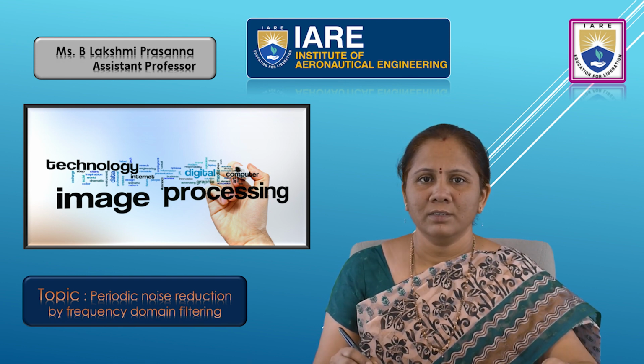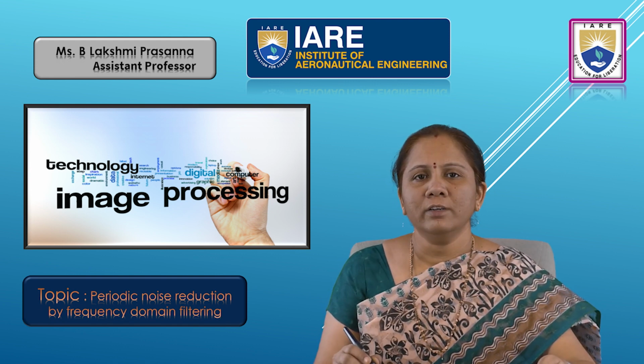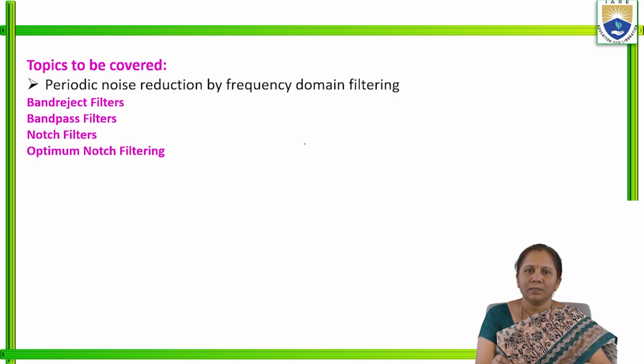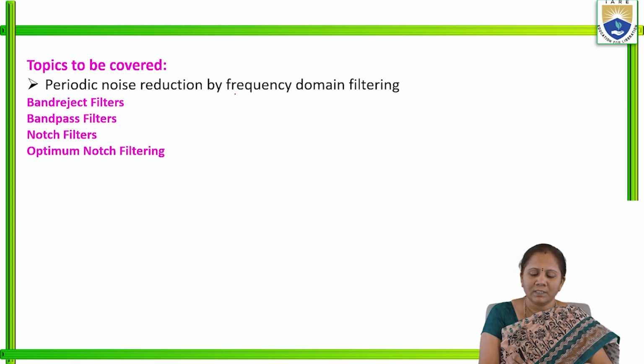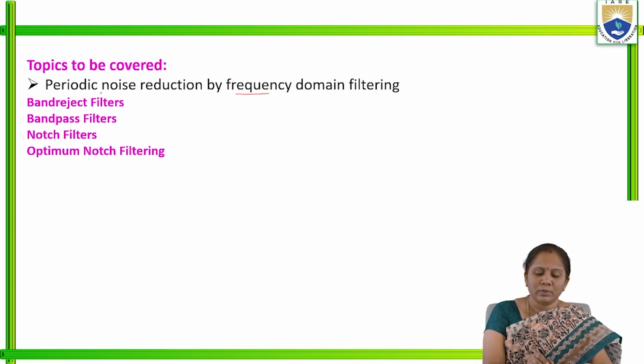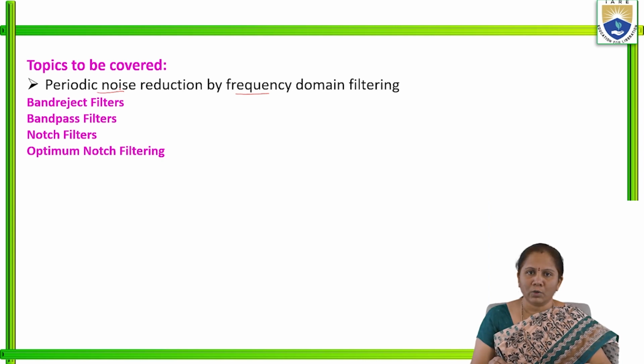In this session, we will learn about periodic noise reduction in frequency domain filtering. Under this concept, we are going to cover different subtopics. In order to reduce the periodic noise that is present in the image, we are going to use different filters.